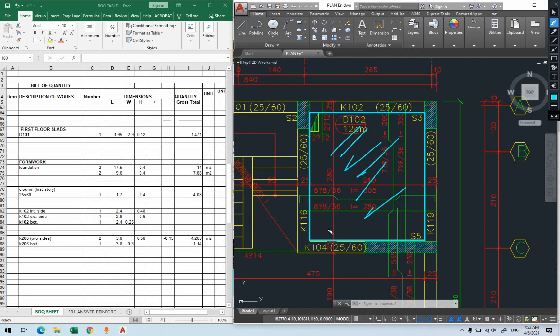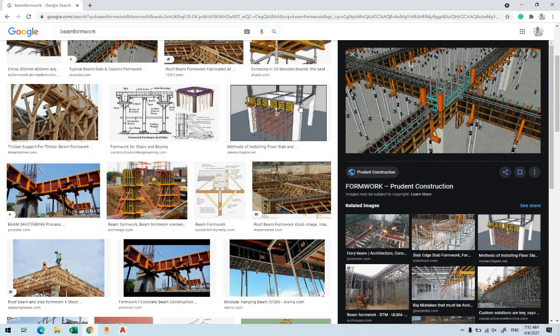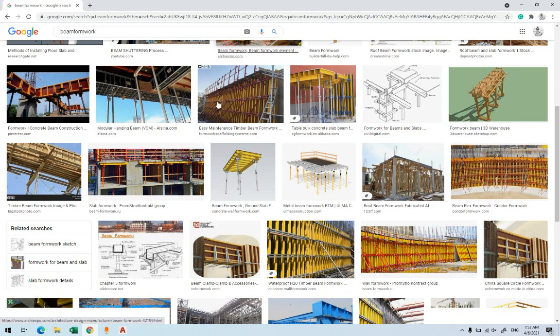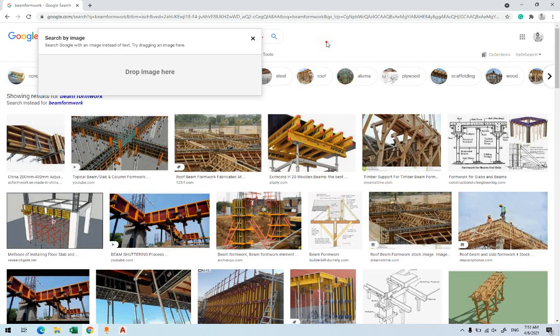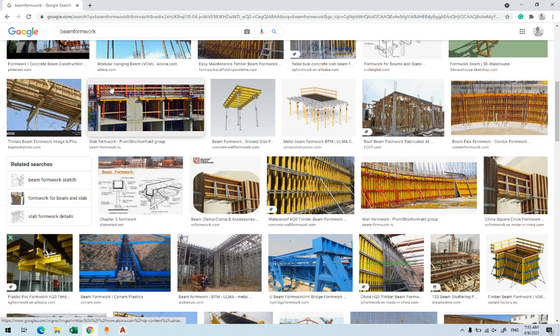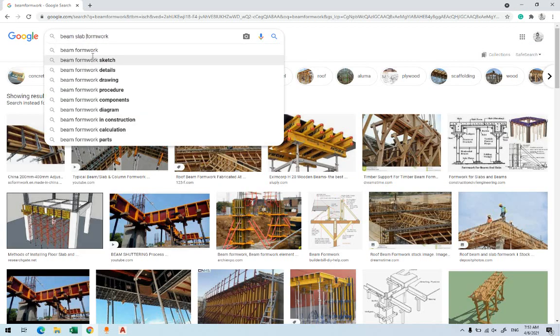You calculate the area of the slab here. Now if I can show it to you, let's see if it's going to come out.